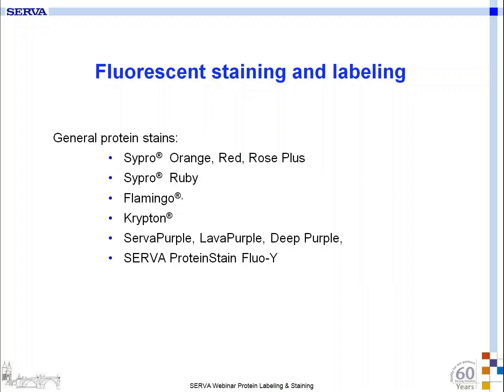For example, you have different colors like orange, red, rose, ruby. They call it flamingo, krypton, and the SERVA Purple, it was called before lava purple, and deep purple would be the protein stains. And we also have a very good one that is called Fluo-Y.